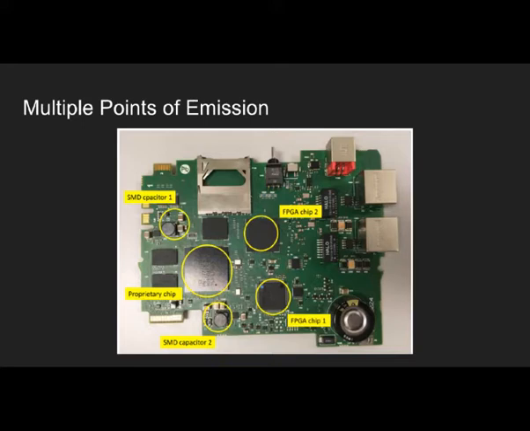For example, there's the proprietary Allen Bradley chip, a few FPGA chips, and SMD surface mount capacitors. So there are multiple sources you can get these emissions from. What they concluded, I believe because of the surface area it covers, is to mainly focus on getting the electromagnetic signals from the Allen Bradley chip itself.